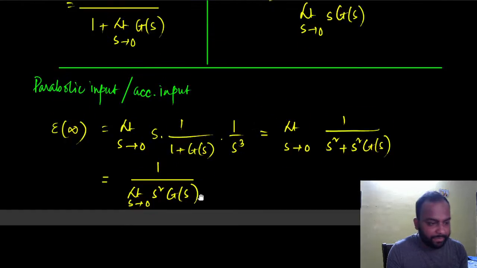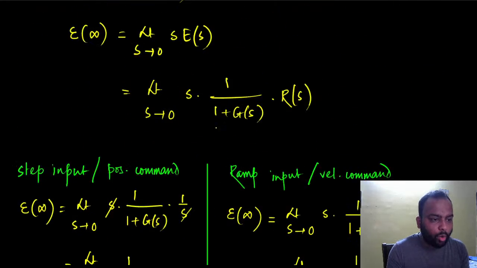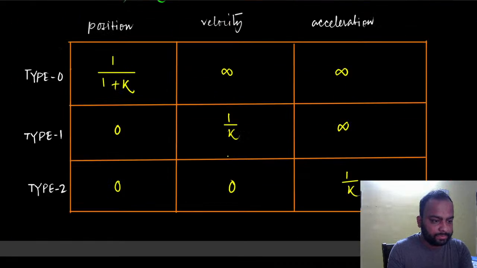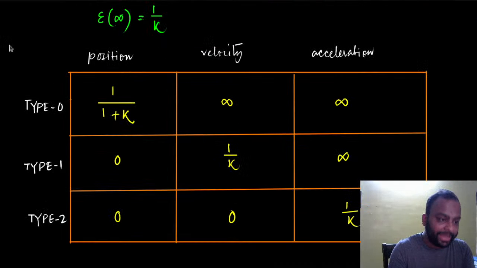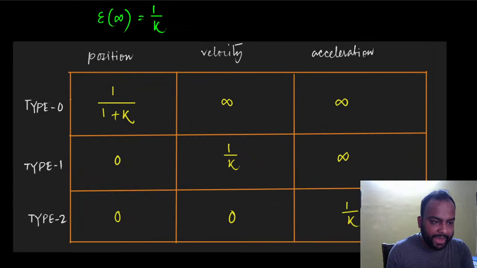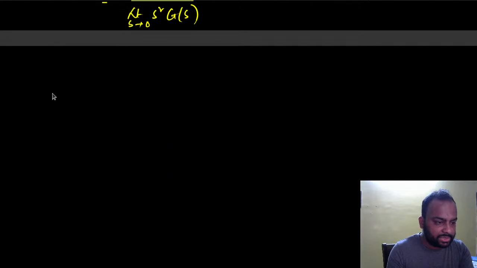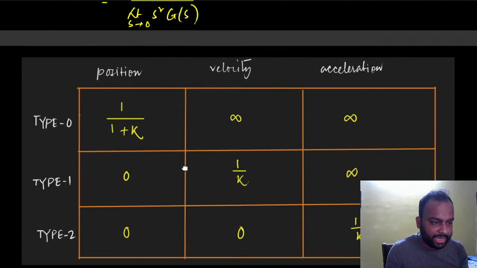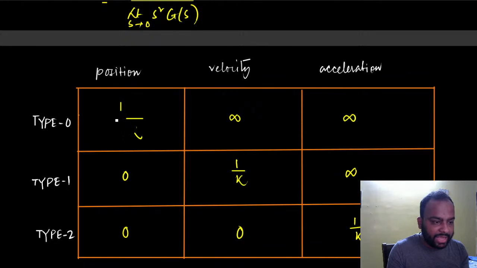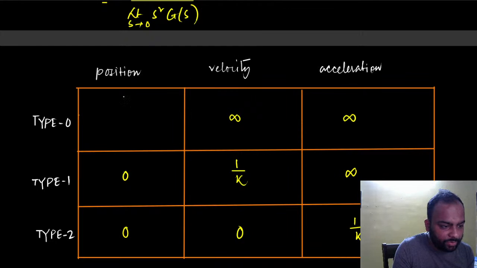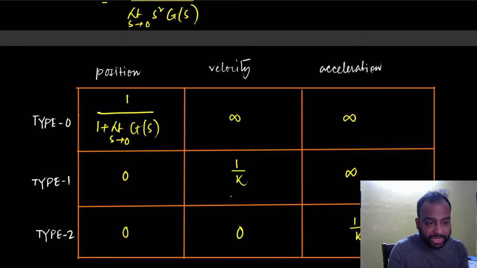So now we can modify our table that we had earlier. Rather we can copy paste this table and make it a little bit better, because this table for the most part is kind of useless apart from very special types of systems. So now instead of saying this to be 1 by 1 plus K, I'm going to say for type 1 systems this is going to be 1 by 1 plus limit s tends to 0 of G(s), because that is what we got.